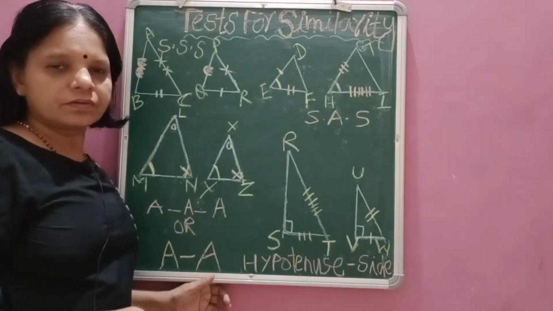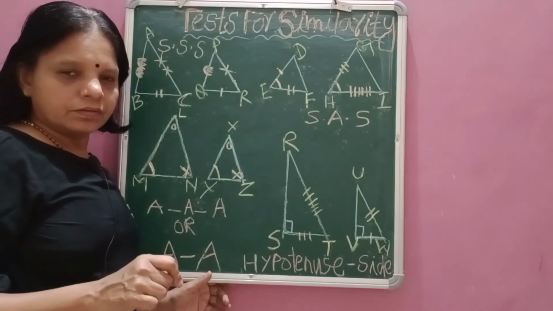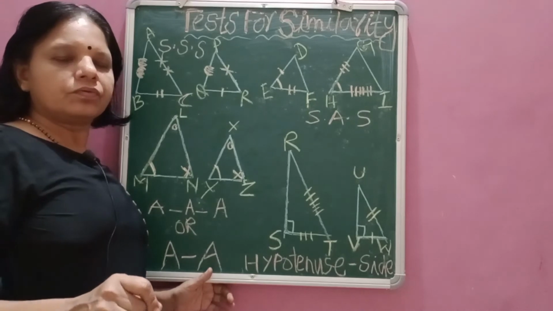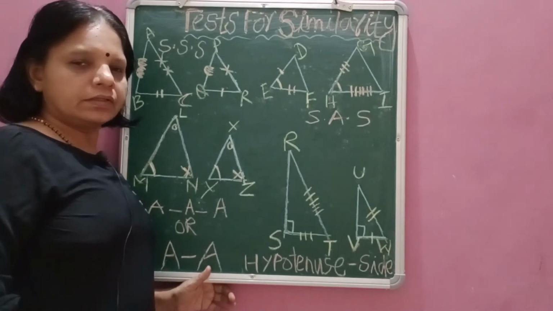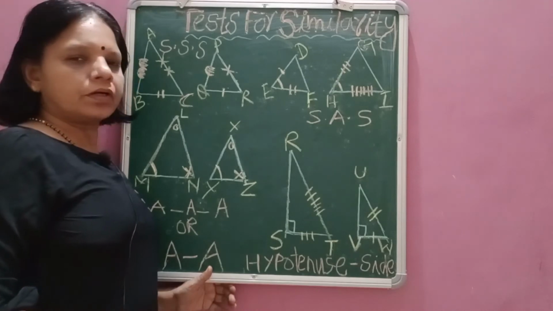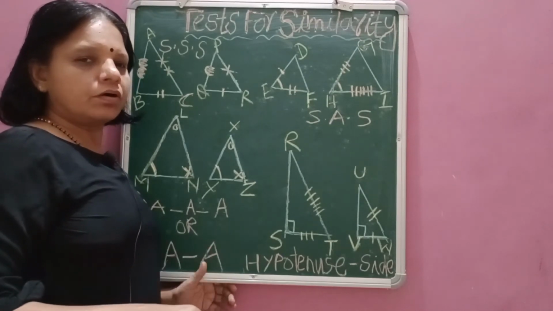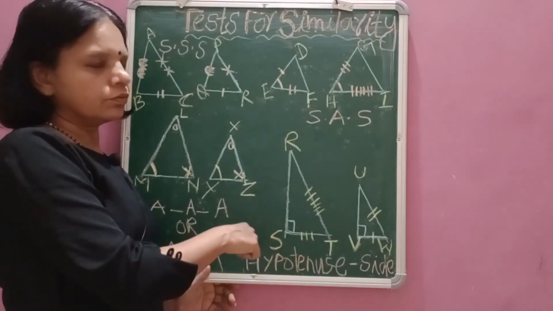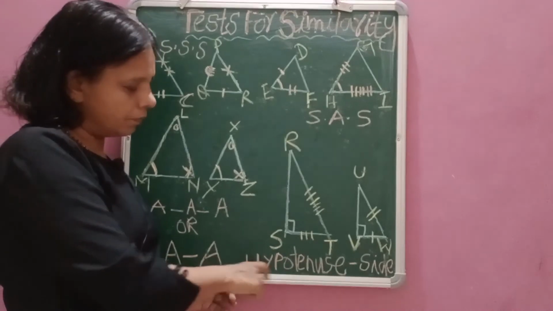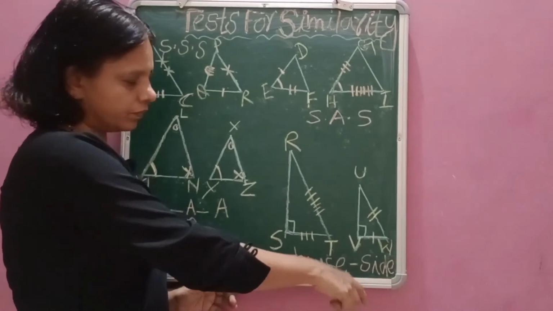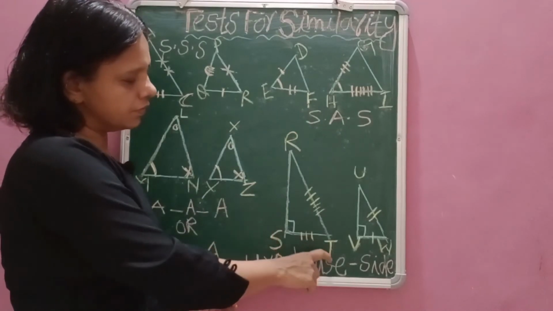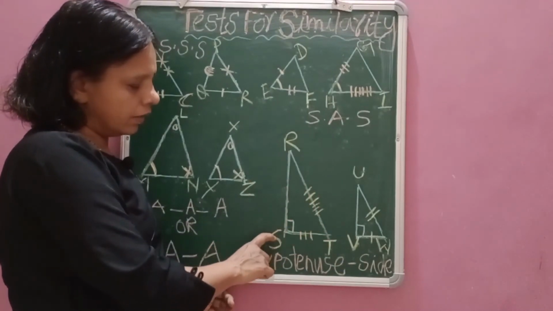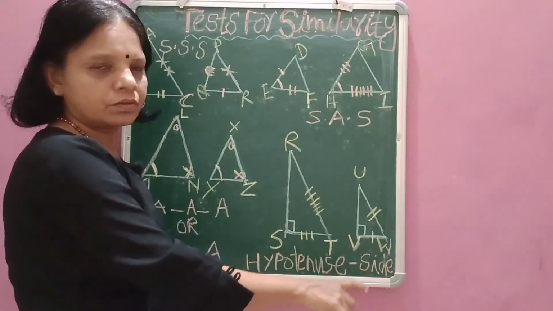So how to define this? In 1-1 correspondence between the vertices of two right-angled triangles, if the ratio of the hypotenuse is equal to the ratio of one of the corresponding sides, then the two triangles are similar by hypotenuse side test. That is, in triangle RST and triangle UVW, angle S equal to angle V equal to 90 degrees.